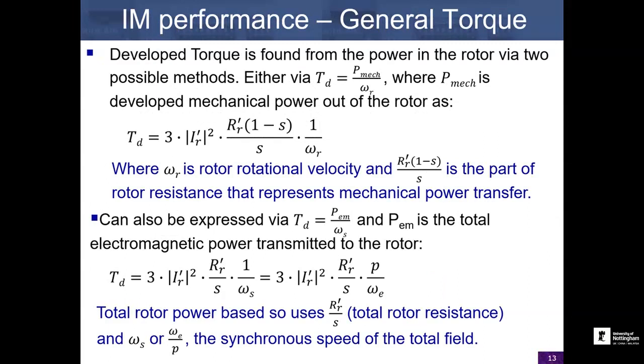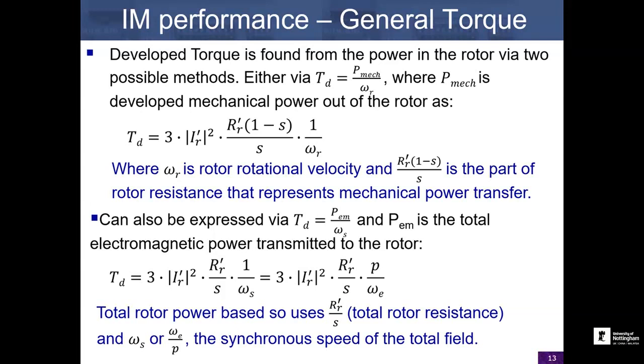So we also talked a little bit about performance and torque. Using that simplified equivalent circuit, we can do some fairly simple methodology that basically says we can work out quite simply what's going on in our circuit. We have a way to calculate the rotor branch current and the magnetizing branch current, and then using the magnitude of the rotor branch current, we can actually work out the power across those components.